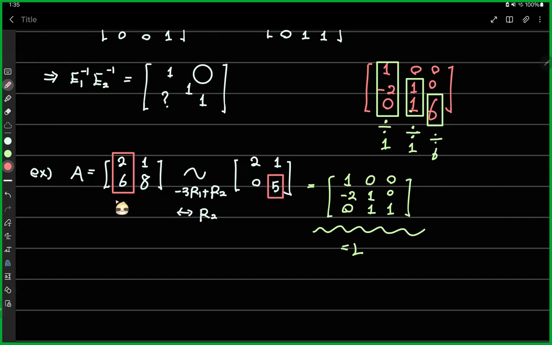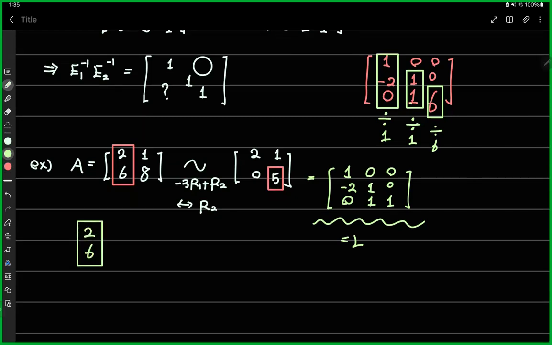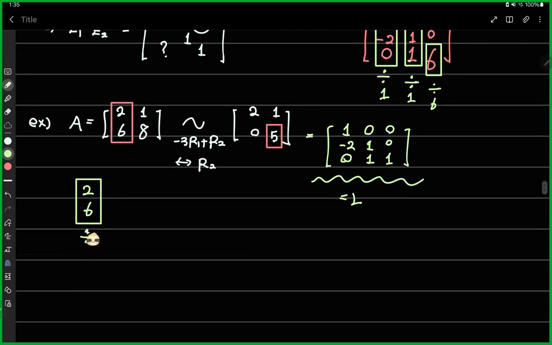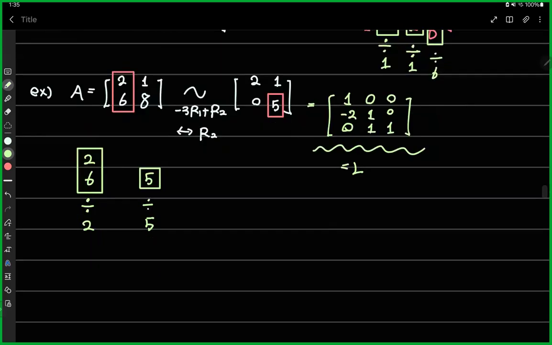Okay, so now 2 and 6, and that column divide by the pivot. What's the pivot? 2. And then 5, the second column, after applying the elementary operations, we got this. We divide this one by the pivot. What's the pivot? 5. Right?